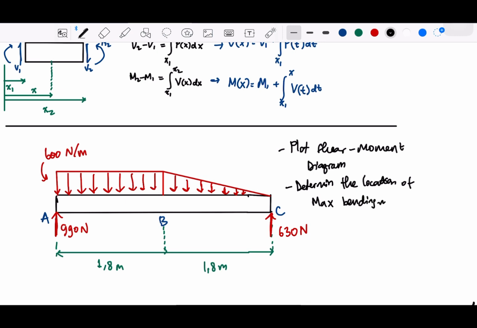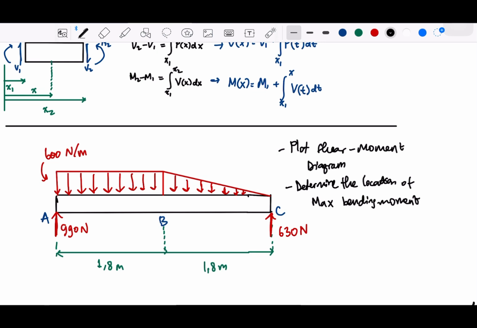If the system is quite simple, you can predict where the maximum bending will be. Can you predict where the maximum bending moment is?